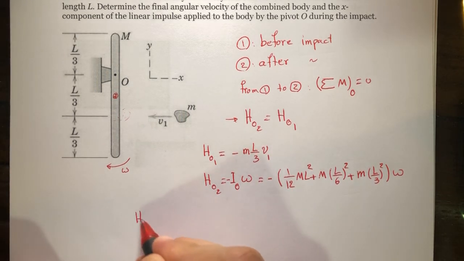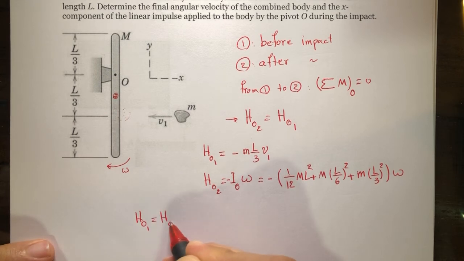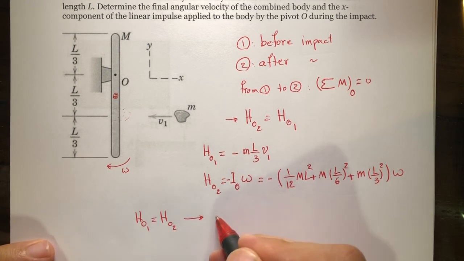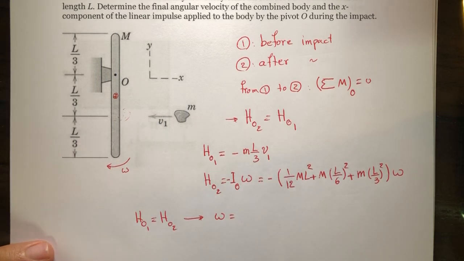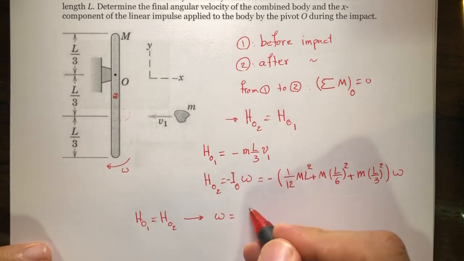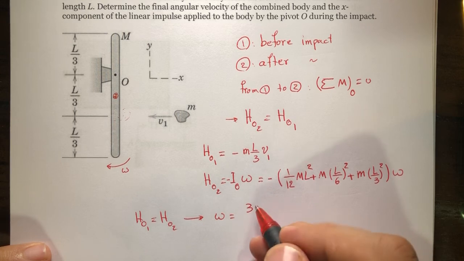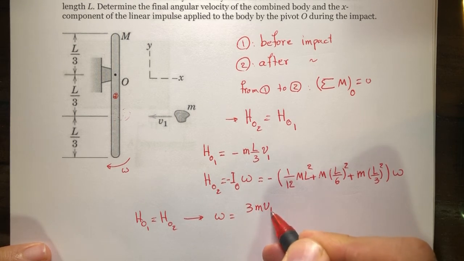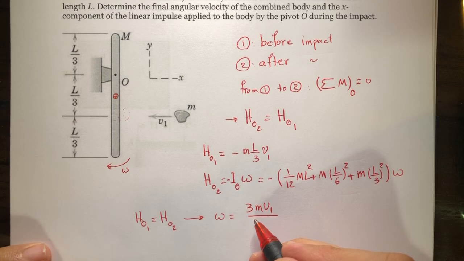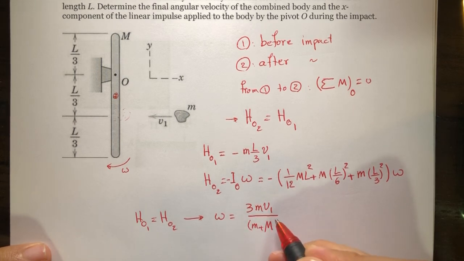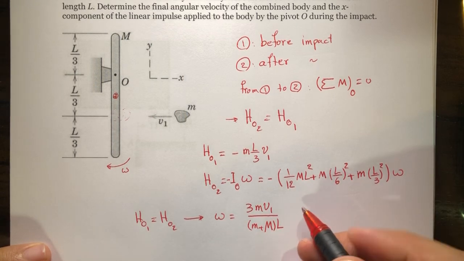So HO1 is equal to HO2. From there, omega is going to be equal to, after simplification, 3 times m times v1 divided by small m plus capital M times L. And the direction is going to be clockwise.